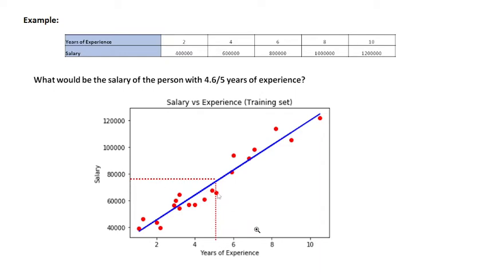So this shows a relationship between the x and y values. Linear regression tries to find the best fit line between the x and y values, and when we feed in unknown data, it will try to find the value for it.